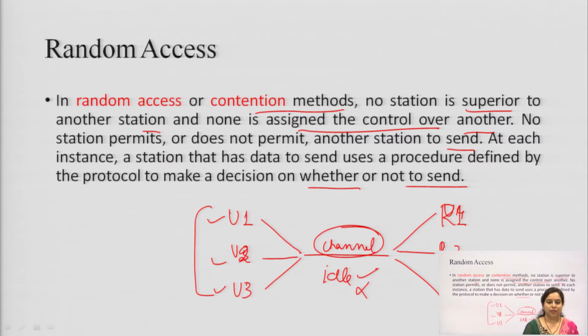What is the disadvantage? Let us say user 1 transmits the data whenever he or she wants to send, but user 2 is already accessing the channel. Then a collision will take place. Collision means loss of information, overlapping of the packets. So, these are the random access disadvantages.